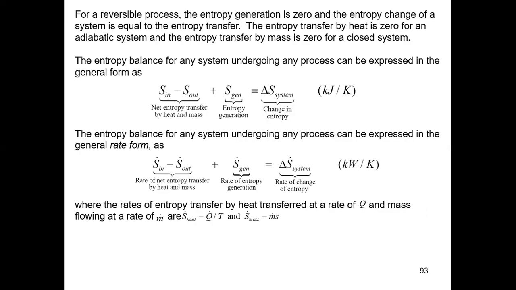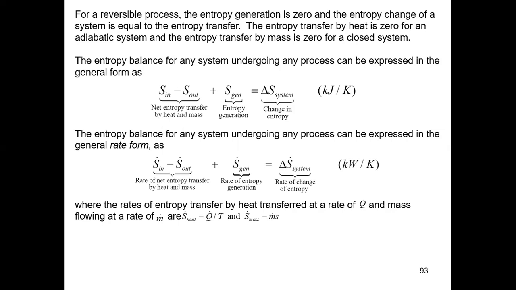So entropy balance for any system undergoing any process can be expressed in general form as S in minus S out, which is net entropy transfer by heat and mass, plus S generated, entropy generation, is equal to change in entropy, and the units are kilojoule per Kelvin.